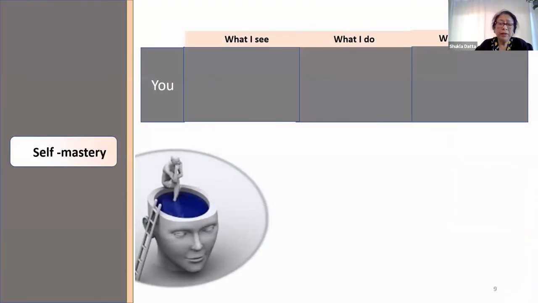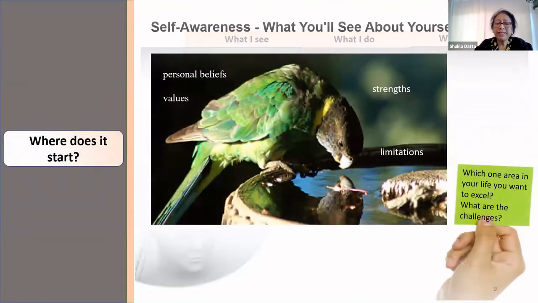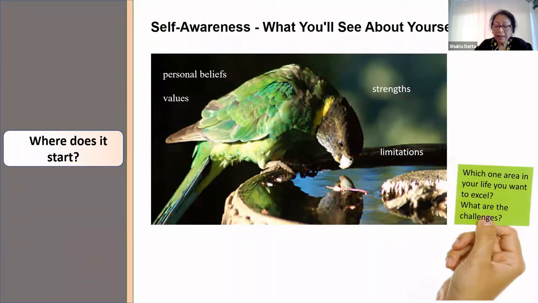Now, the previous slide, please. So you may want to be a great speaker. Identify your strengths. Keep a list of that. Strengthen your strengths. And you may also want to be a great sales manager. Take an inventory. What are your strengths to become a sales manager?